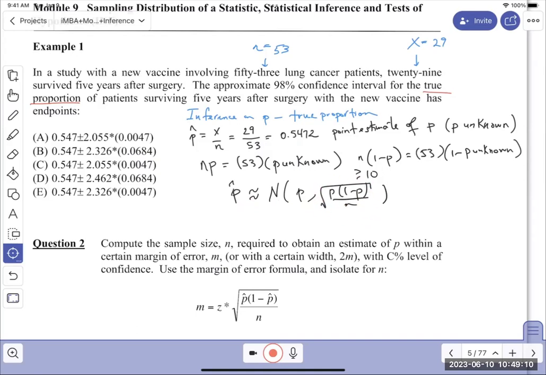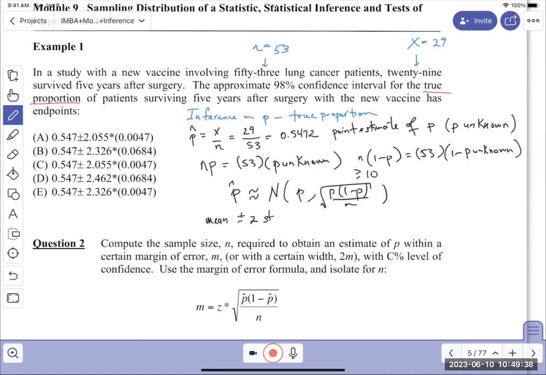I'm just going to put P hat in its place. And I'm going to build two standard deviations. I'm going to clarify what I'm talking about. So remember, usually we say mean plus or minus however many standard deviations, right?